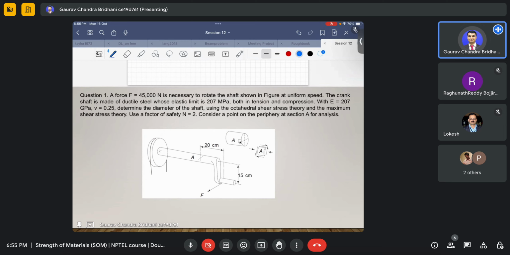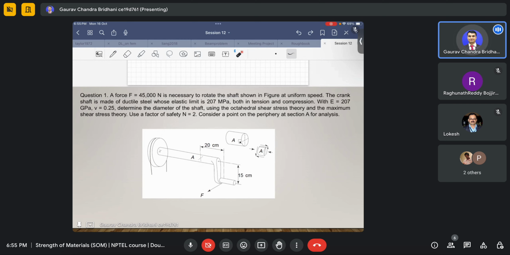So how to find the bending first of all? You can see the load is being applied here, and the distance between the point A and this load application is 20 centimeter. If I need to find the bending moment at this point, I just need to multiply this force with this distance 20.